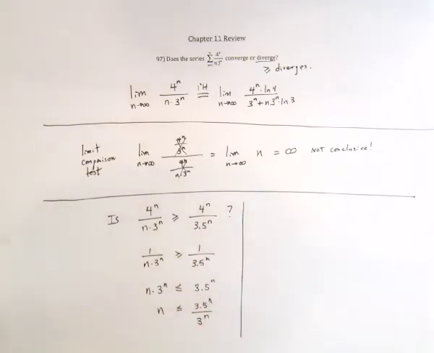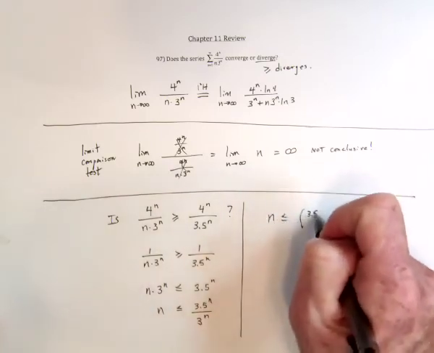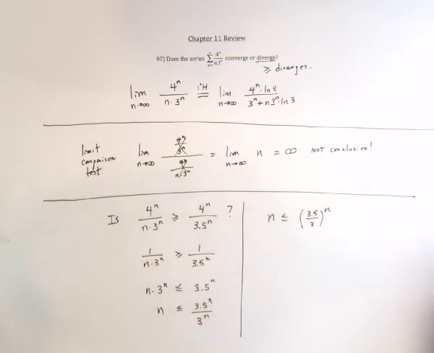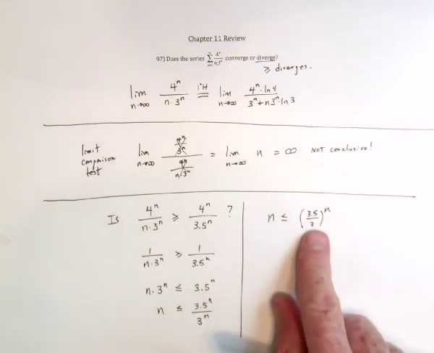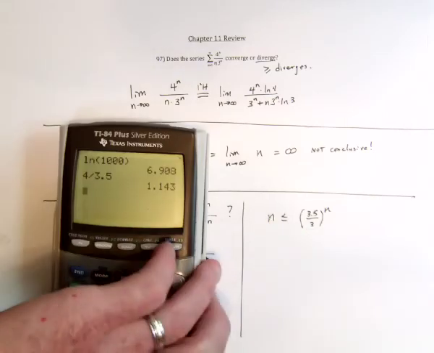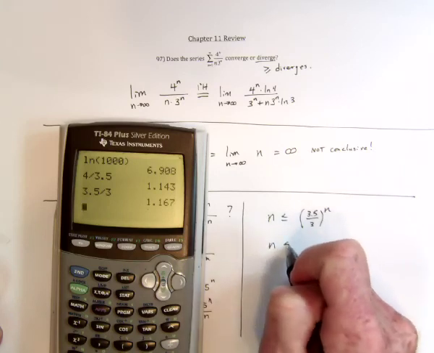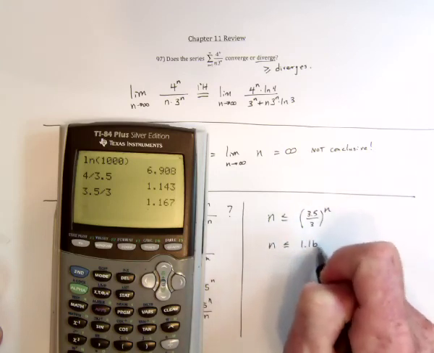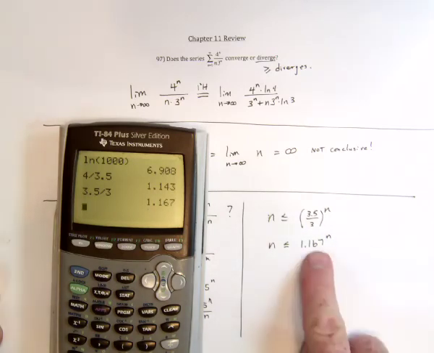Is n less than or equal to 3.5 divided by 3 to the n? So we've now got an algebraic function being compared to an exponential function. So 3.5 divided by 3, so is n less than or equal to a 1.167 to the n function? Since this is an exponential function, I'm pretty sure that that's going to be true.